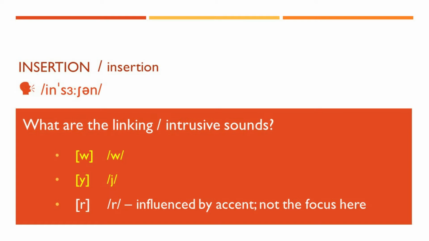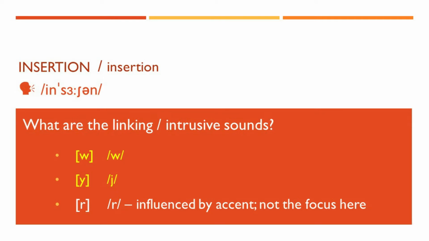They are the w sound, which is the same sound you hear when you say words such as water and we, or ask questions like when, or where, or why. Then there is the y sound, which is the same sound you hear when you say words such as yellow, or yes, or you.